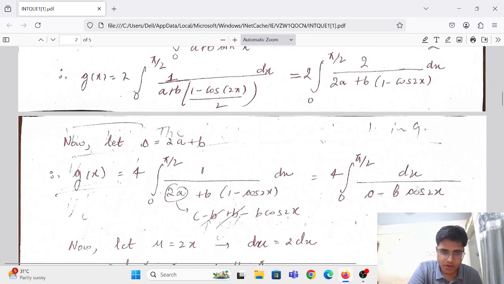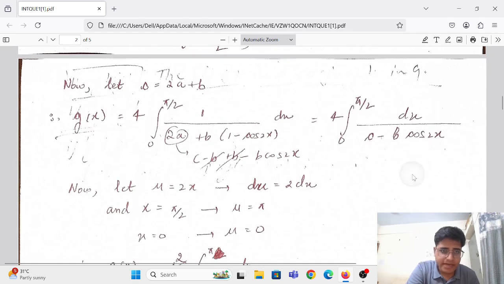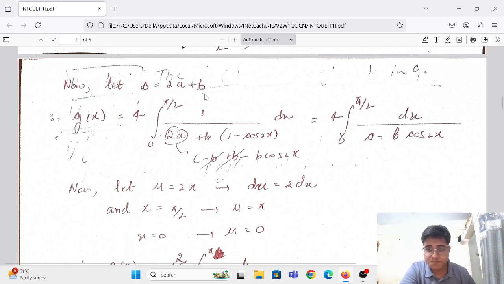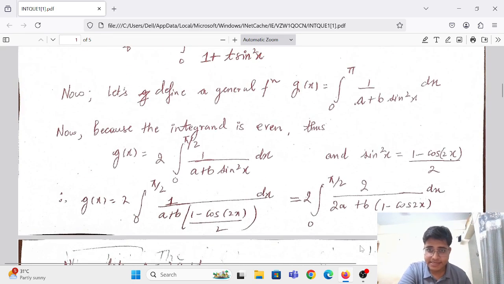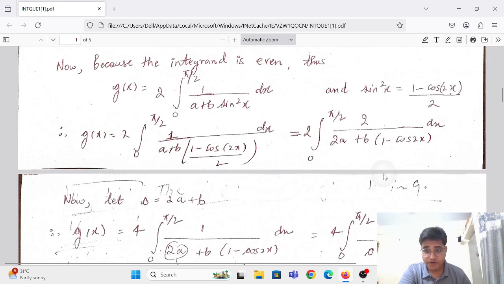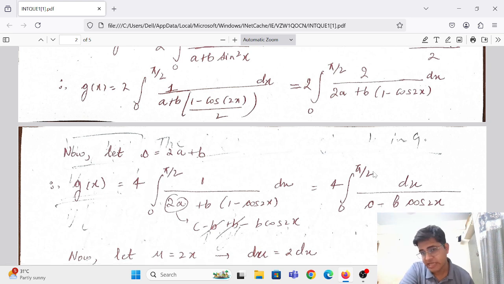Now that we have got this, what we do is let c be 2a plus b. Now starts a chain of substitutions and manipulations that we do to find the integral of this general function. Over here you can see 2a plus b appearing, although not explicitly.